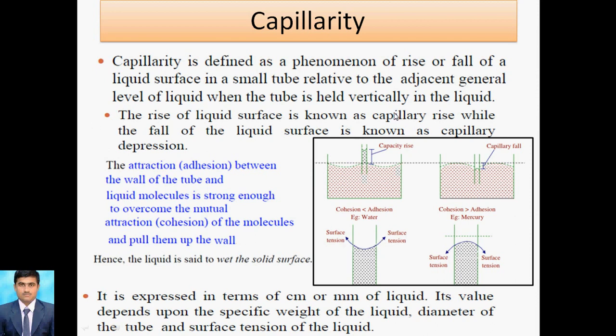Again I repeat, rise and fall of liquid happens when we place a capillary tube, and rise and fall happen because of the bonding between the fluids. Where adhesion bonding is greater, capillary rise will be there, and where cohesion bonding is greater, capillary fall is there.